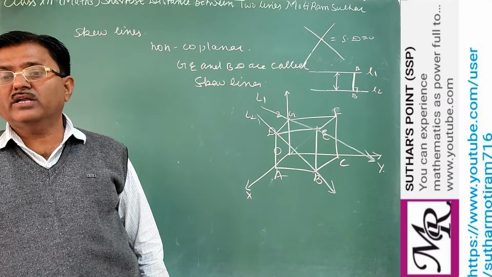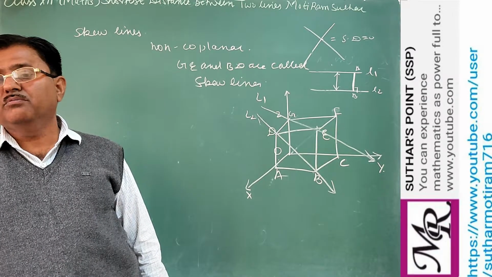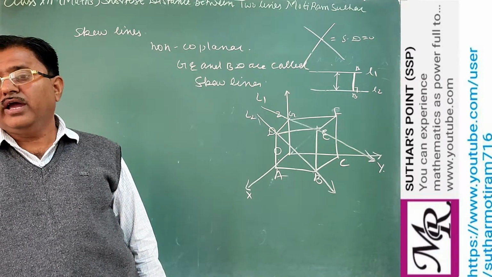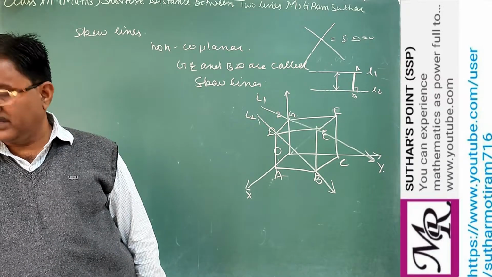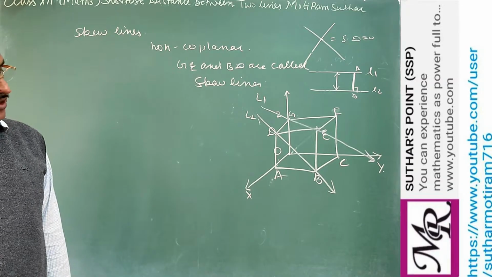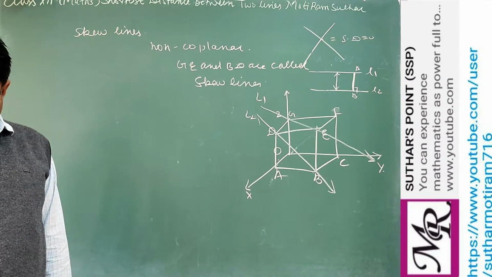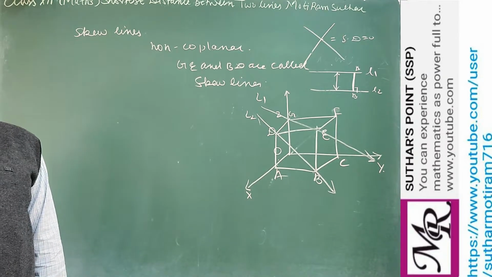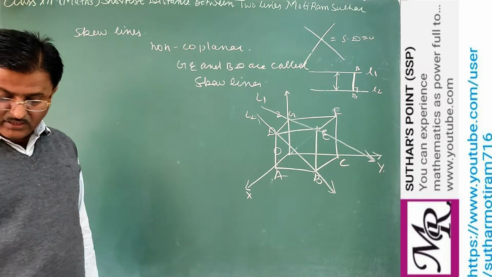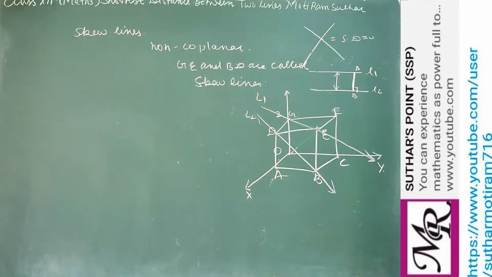So these lines are skew because they are not parallel and also not intersecting. So this is clear. What is the meaning of skew lines? The lines which are not parallel and not intersecting if we extend them indefinitely. Clear? So the shortest distance between two lines means we join a point on one line with one point on the other line so that the length of the line segment obtained is smallest.